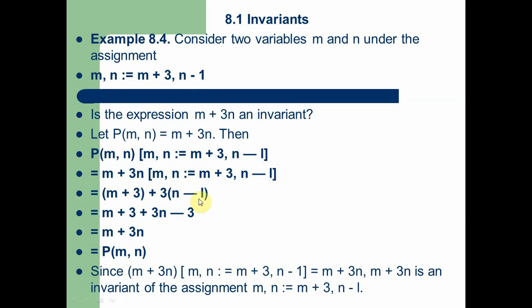So m plus 3 of n minus 1. After multiplying the elements, we find m plus 3n minus 3. The plus 3 and minus 3 cancel and m plus 3n comes out. So from this we prove that m plus 3n is an invariant for the statement.